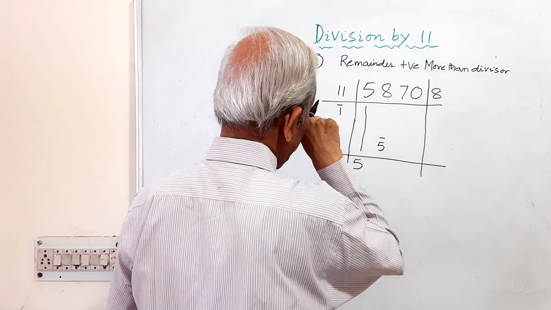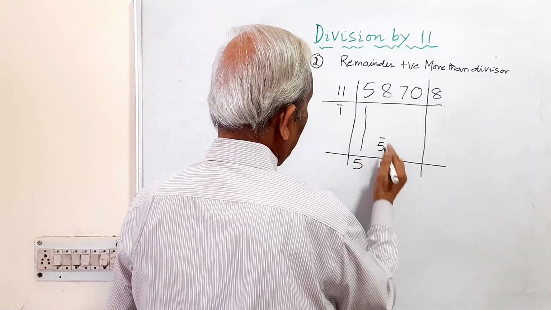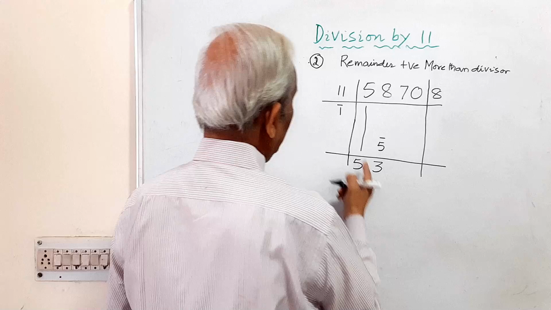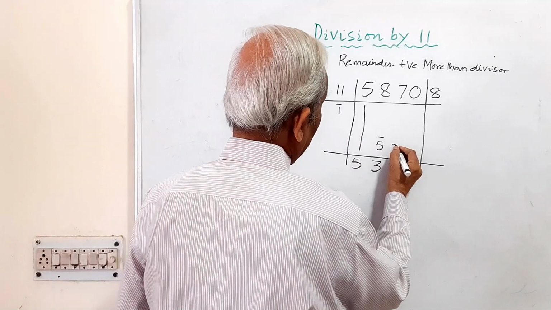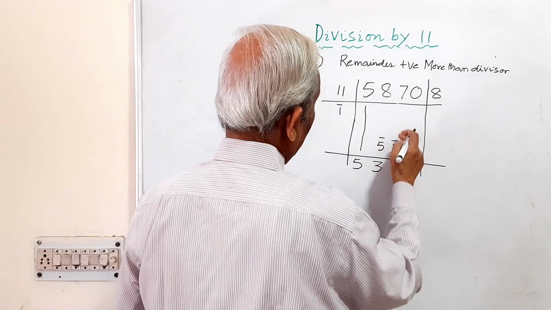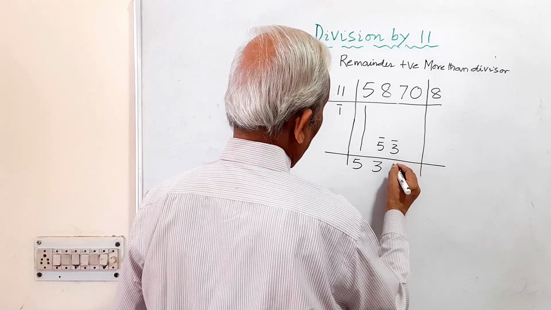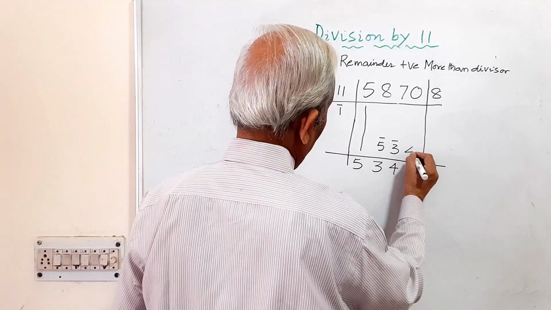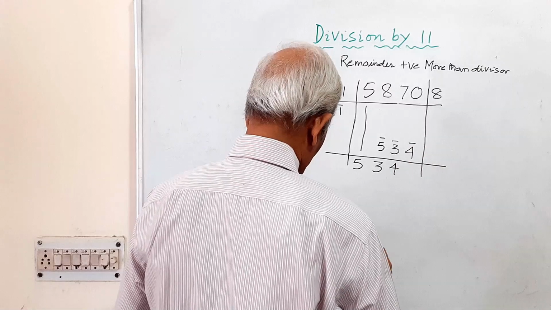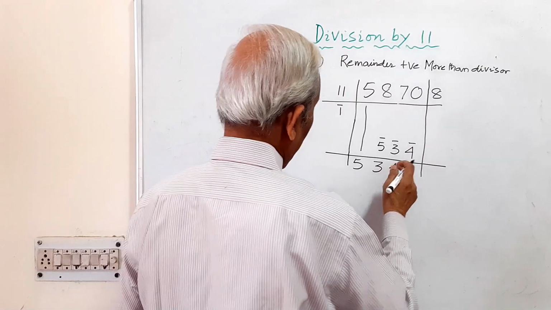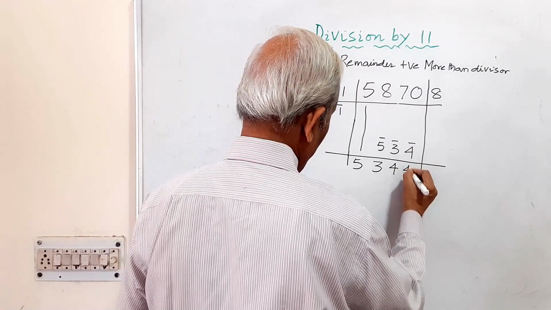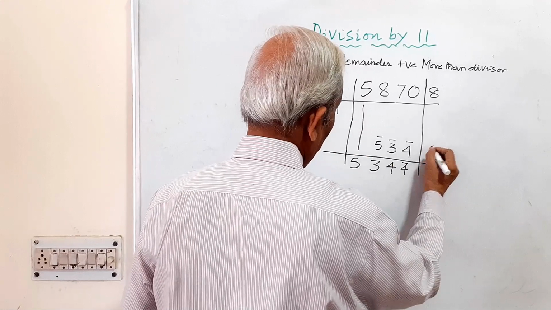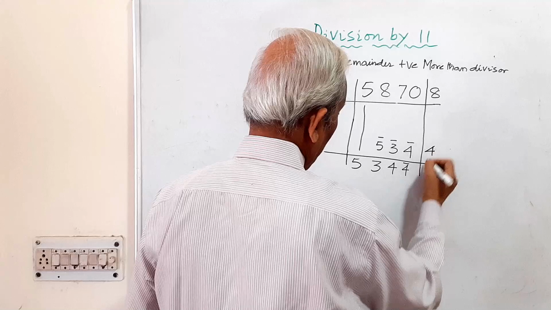It becomes 8 plus 5 bar is 3, 3 into 1 bar is 3 bar, 7 plus 3 bar is 4, 4 into 1 bar is 4 bar, and then it becomes 4 bar here. 4 bar into 1 bar is 4, so you put here 4. Here it becomes 8 plus 4, 12.